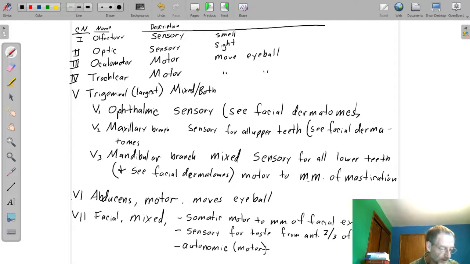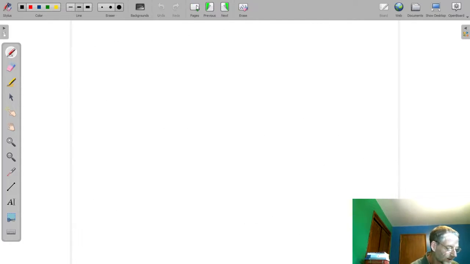So these are autonomic motor pathways to, let's say, salivary gland, salivary and lacrimal gland. Okay, need a new page. Let's go to number 8. Moving right along.